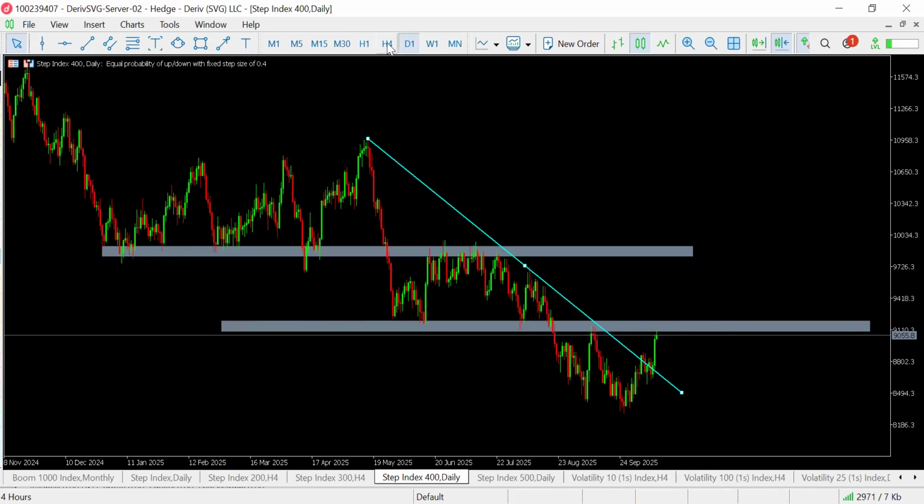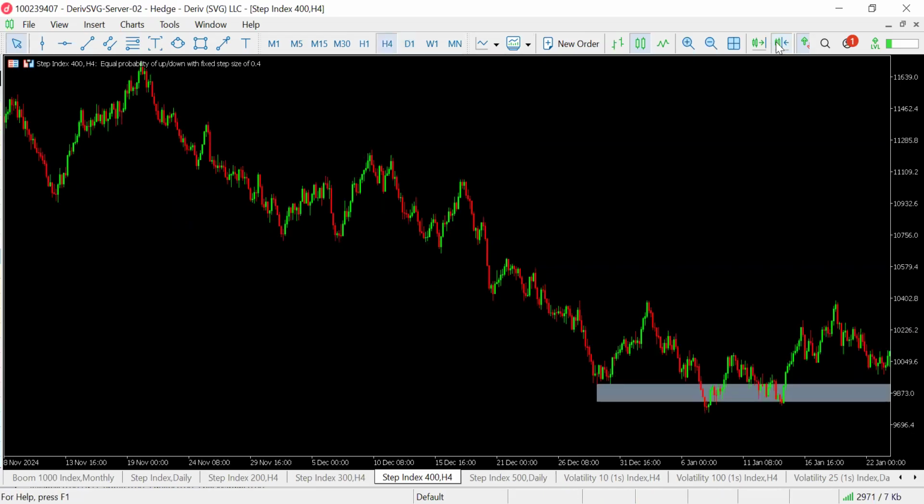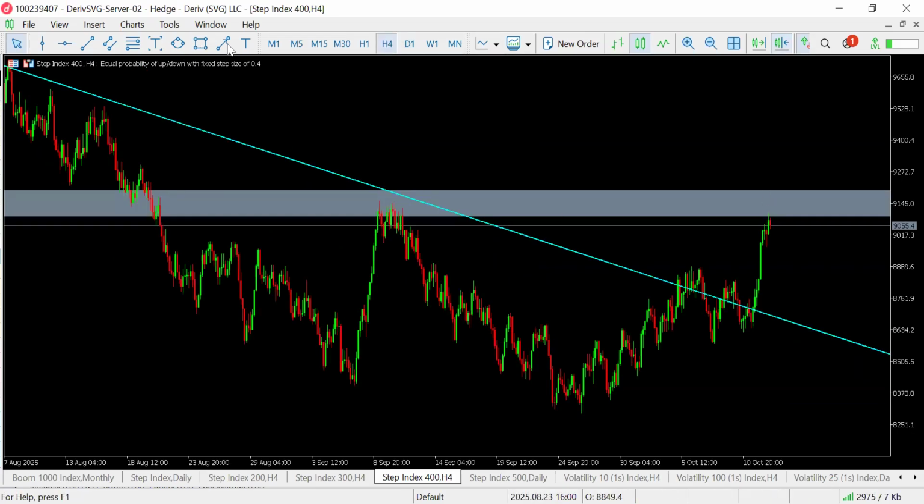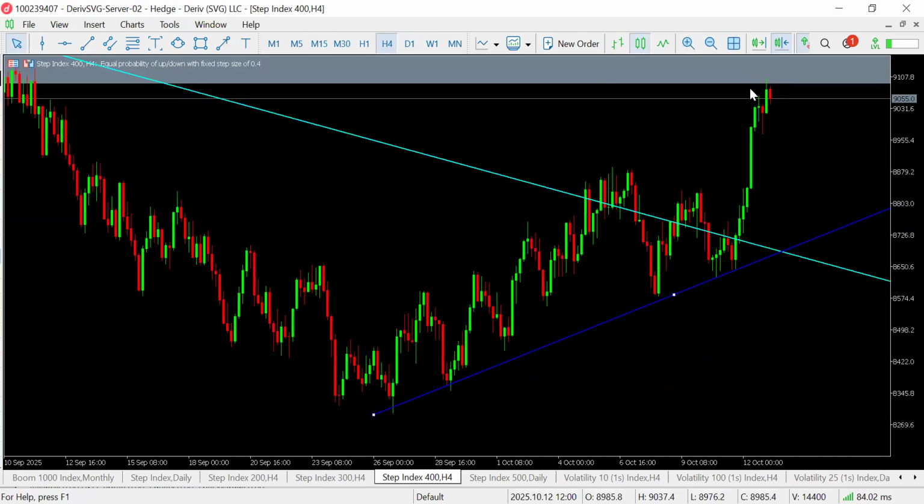One of the ways also would be if we go down to the H4 time frame, we can see that buyers have been in control of those markets. So on the H4 time frame, I can add my counter trend line.